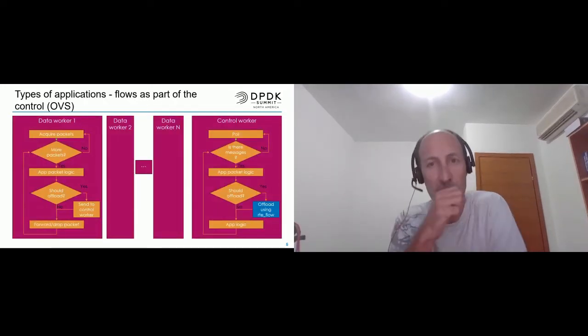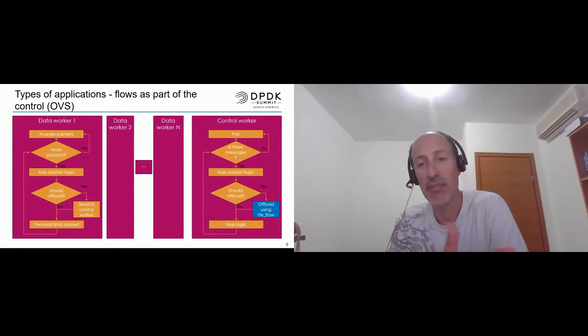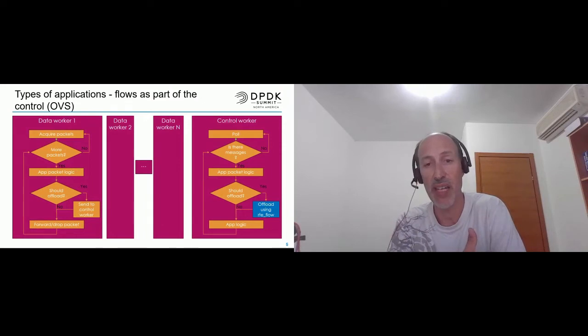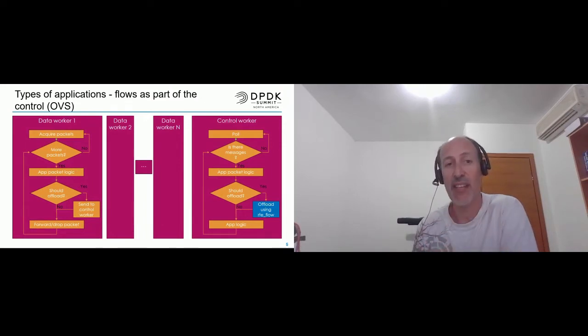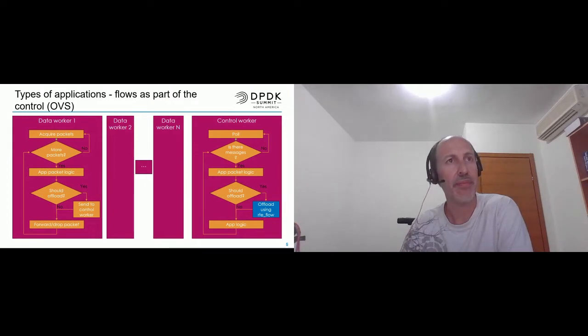So when we look closely, we can see a number of usages, a number of applications using the API. First, we'll see the OVS example. Basically, in the OVS example, we have a number of data workers that are running on different cores. Each data worker basically acquires the packets, runs some application logic, and then it decides if it wants to offload the flow.